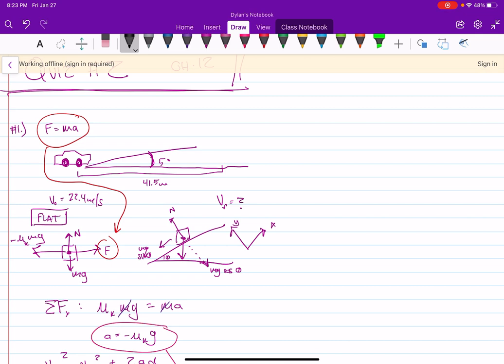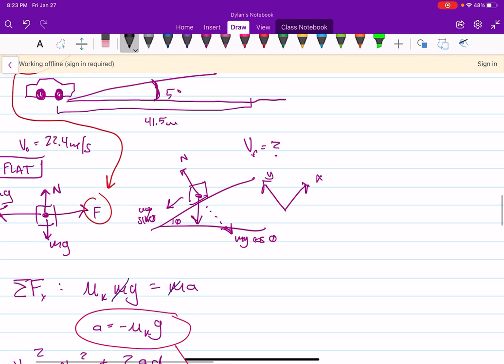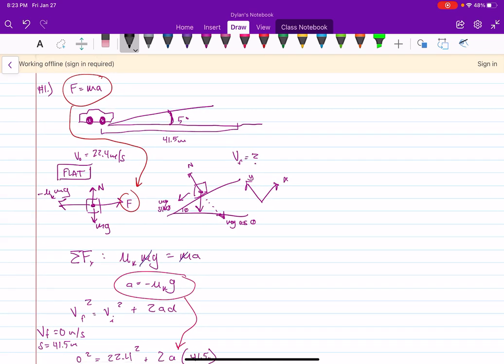So with that process, I basically just drew my basic free body diagram here. I drew the picture, then I made it into a free body diagram, and then I set my x and y axis along the incline.